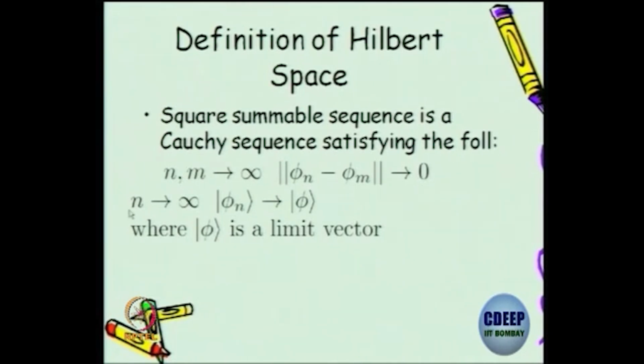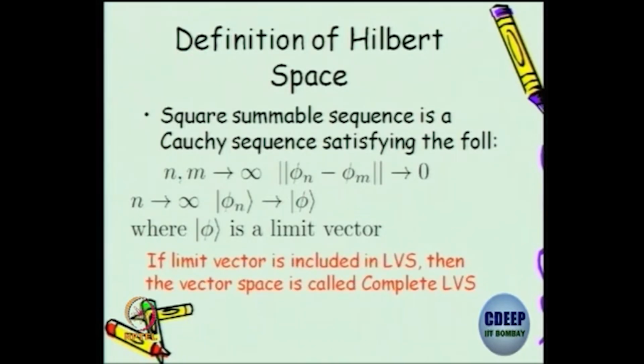Similarly, in that sequence, when n is very large, it goes to some finite value, and we call the state phi to which it goes a limit vector. So many times we are going to assume that whatever linear vector space we are looking at has this limit vector, and we call such a vector space, technically, a complete linear vector space.